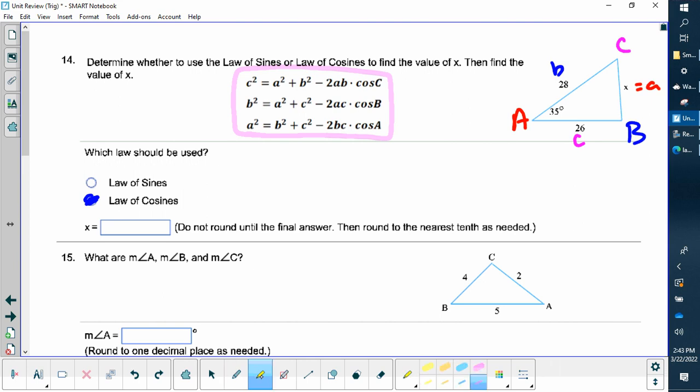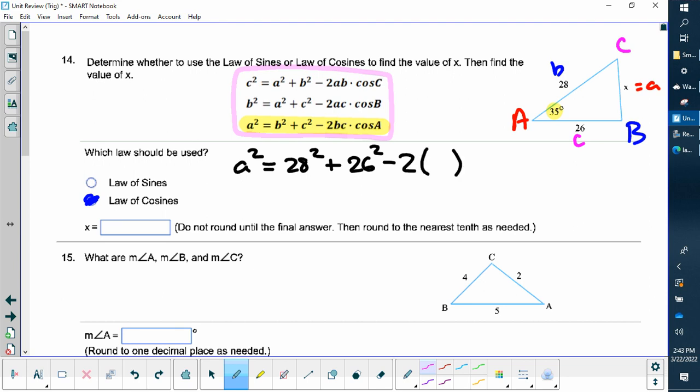I like the one right here, the bottom one, because it's the only one that has big A in it, and I know big A. So all I'm going to do is plug the numbers in the appropriate spot. So I get A squared equals, B squared is 28, so I'm going to plug it in, plus C squared is 26, I'm going to plug it in, minus 2, that's always part of the problem. 28 is B, 26 is C, and then I'm doing the cosine of 35 degrees.